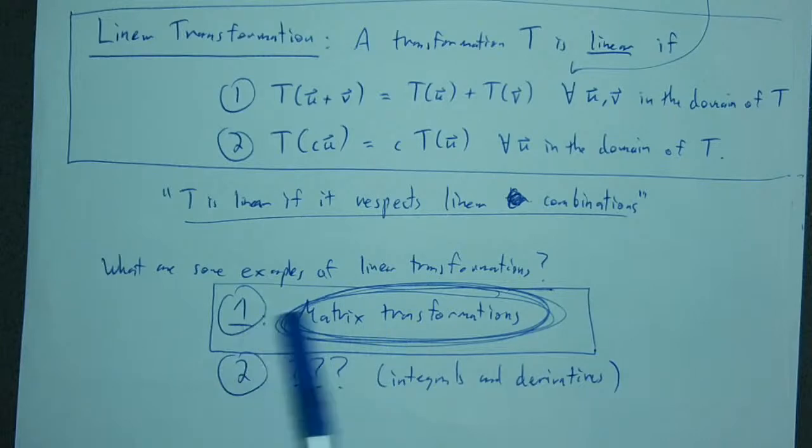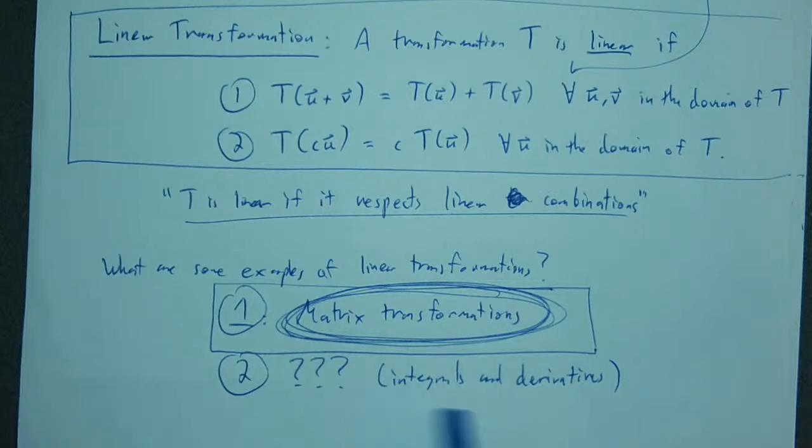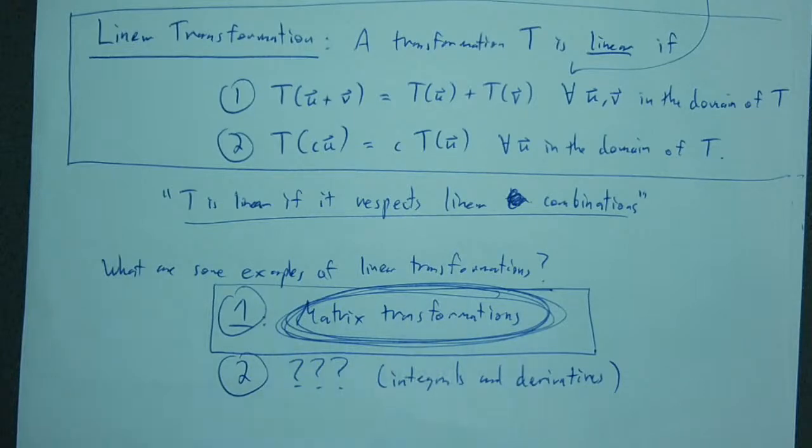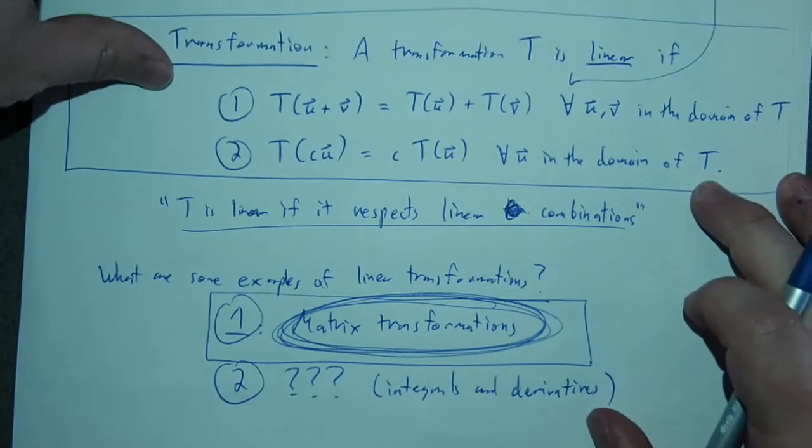Of course, there are some linear transformations that are not technically matrix transformations. Integrals and derivatives are examples of these things. Now, it turns out that with one tiny assumption, essentially every linear transformation is a matrix transformation. So these are by far going to be the most important thing that we talk about. So let's see an example of those.